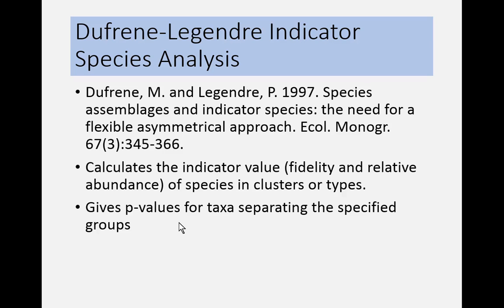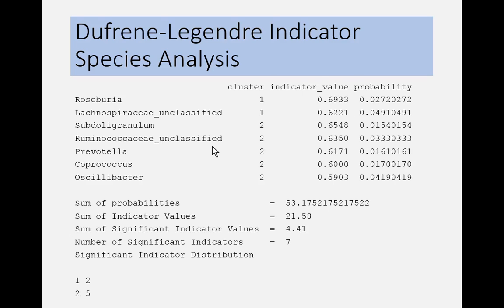You can also run the indicator species approach, which is described in the paper here, and gives out basically the indicator value of the species. And now it's run against the grouping that you have specified in the phenodata. It also gives you p-values for those indicators.